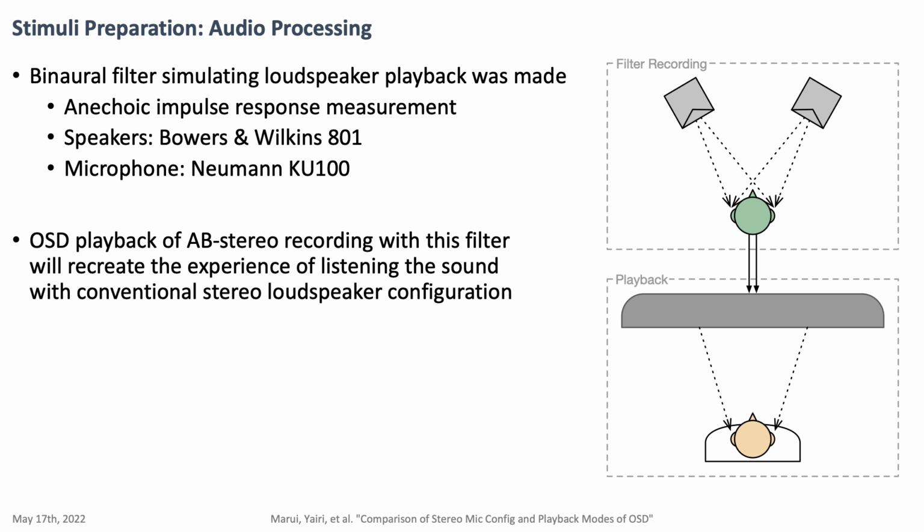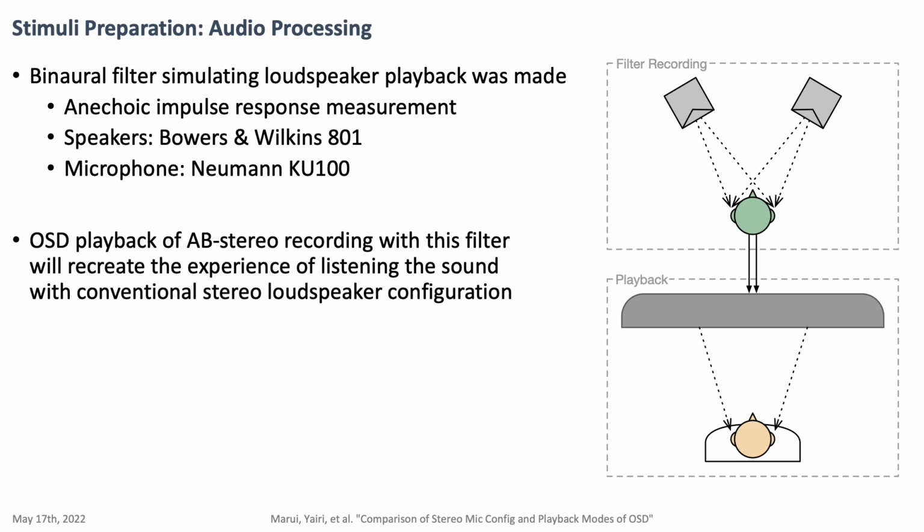So here is what we did. A binaural filter simulating loudspeaker playback was made from anechoic impulse response measurement of B&W 801 with the same dummy head used in stimulus recording.